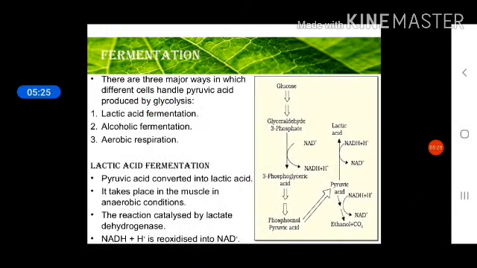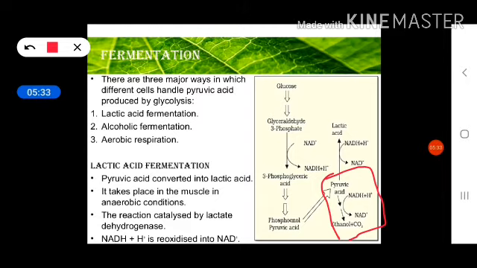So the energy released is less than 7% of the energy in the glucose. It means that out of all the energy present in the glucose, less than 7% is obtained in this reaction only. Okay, less than 7% we get.